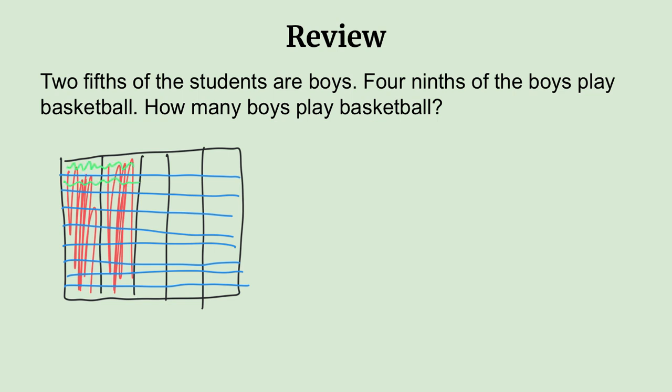1/9, 2/9, 3/9, 4/9. What we want is the overlap. We want this overlap here, because really the 4/9 goes all the way down here, right? So where those overlap, we count.